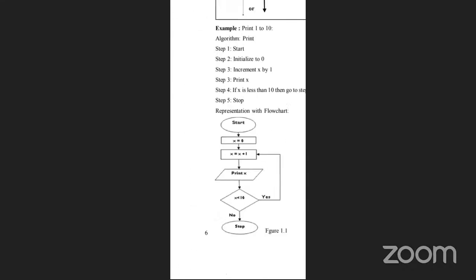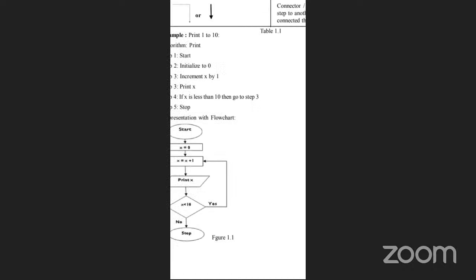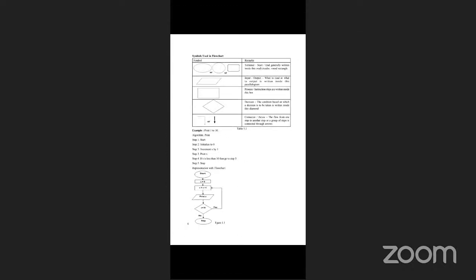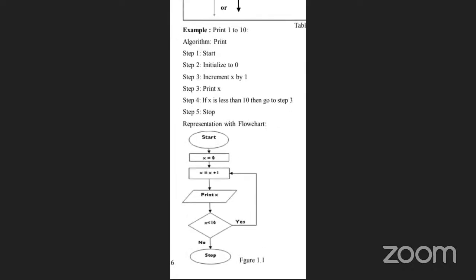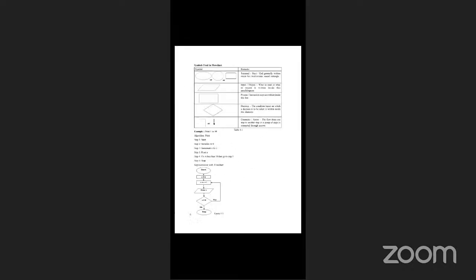First start, next give a number, next define another number, then display, z equal to a plus b, next print z, next stop. So these are the procedures for difference or addition or finding which value is maximum. This flowchart is helpful for doing the problem.